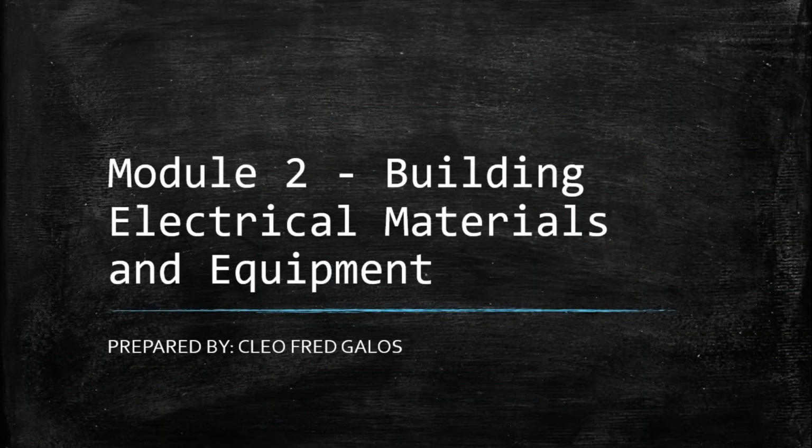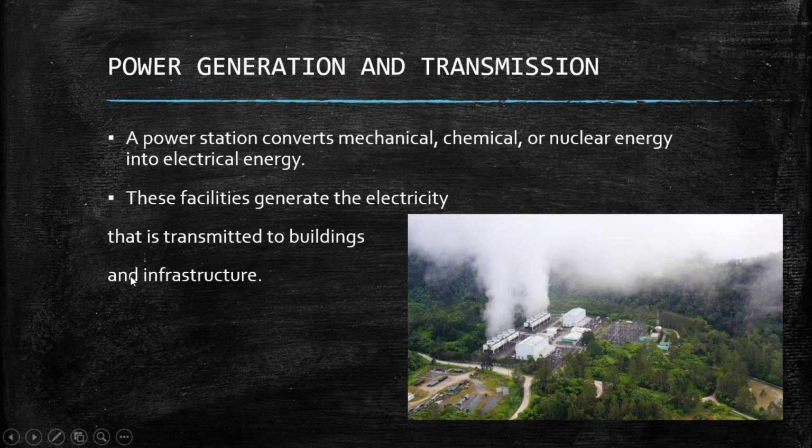Module 2, building electrical materials and equipment. First, we have power generation and transmission. Electricity starts its journey at a power station where mechanical, chemical, or nuclear energy is converted into electrical energy.